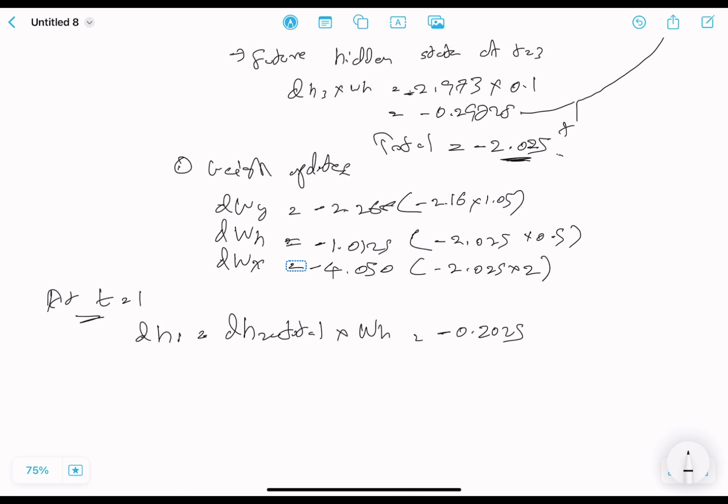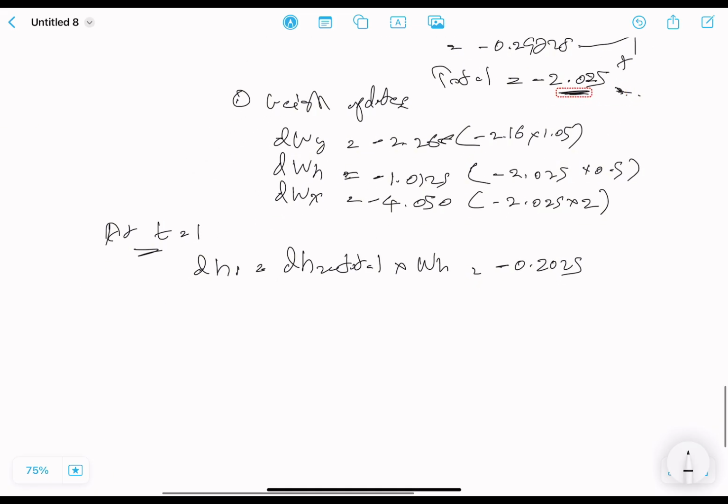And dWx is minus 0.2025. Even the very first input contributes slightly to the final mistake, so that's what it is, right?